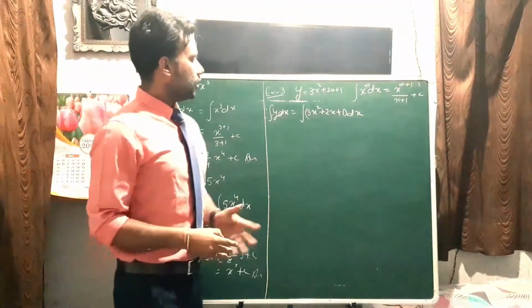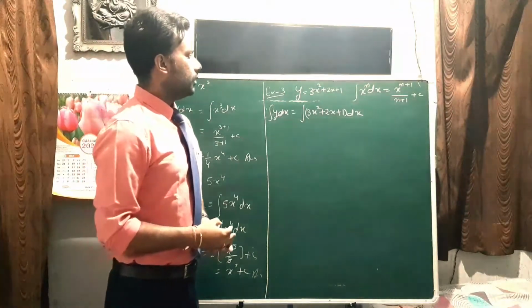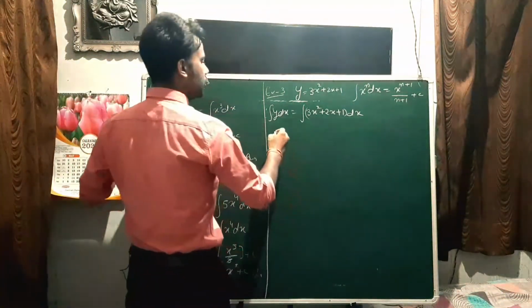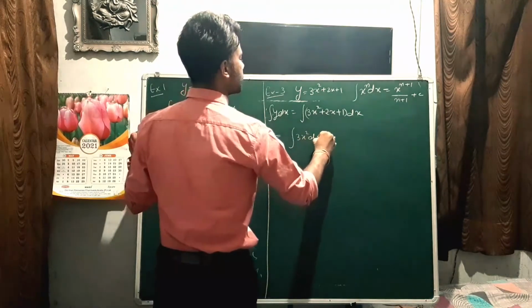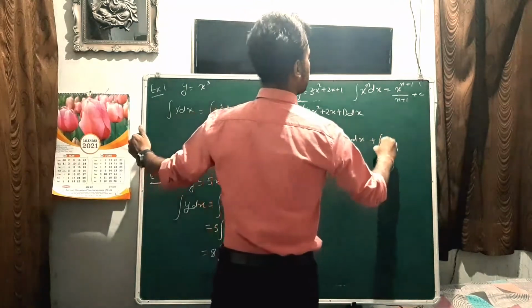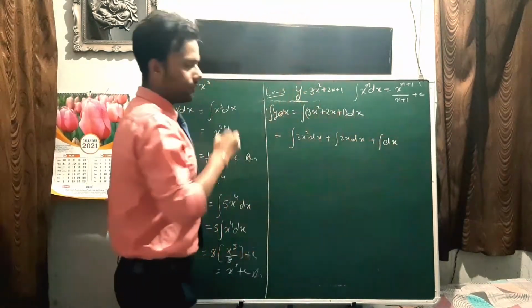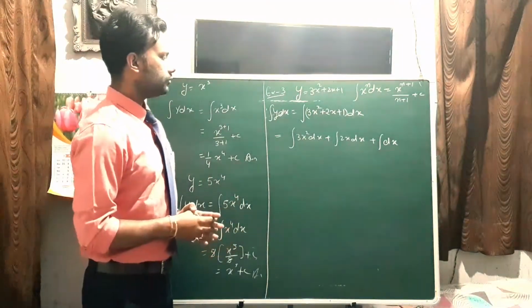Alright, now we have three functions in addition. We can solve this as integration of 3x square dx plus integration of 2x dx plus integration of dx, right? We just opened our equation.